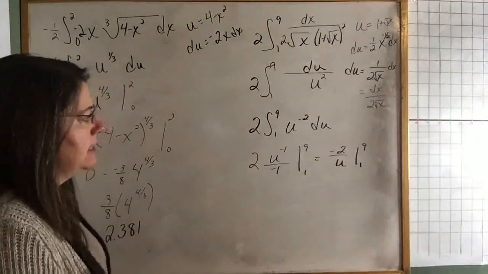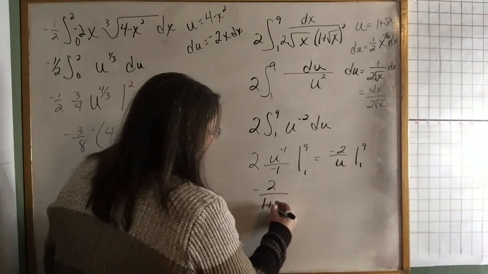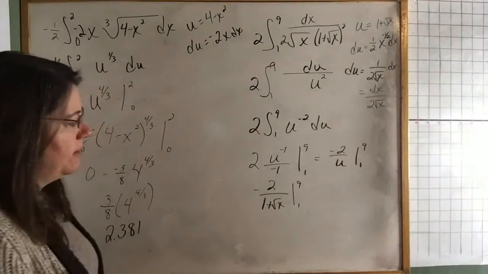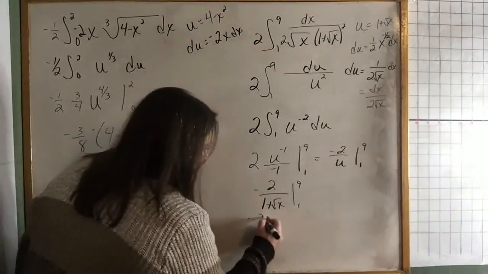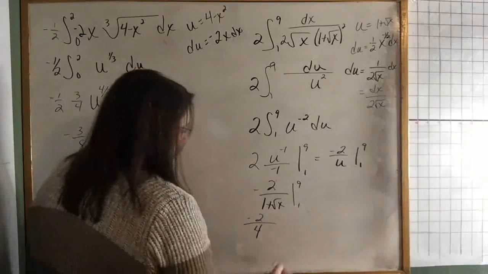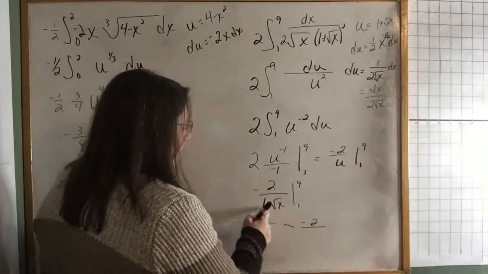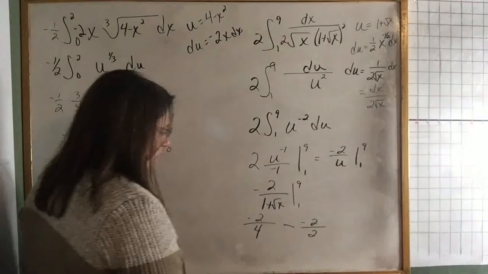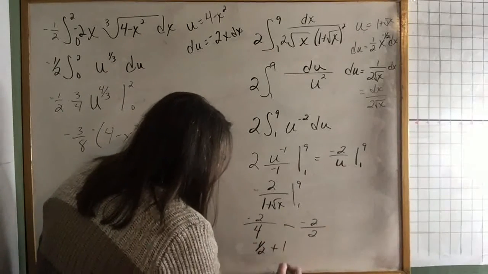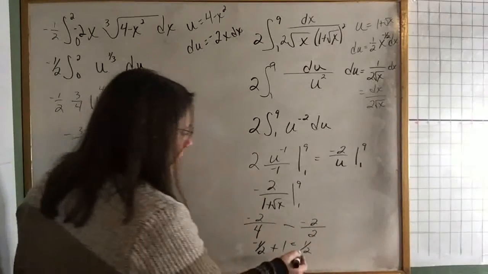Then I resubstitute. So I've got negative 2 over 1 plus square root of x from 1 to 9. If I sub in, I've got negative 2 over 1 plus 3, which is 4, minus a negative 2 over 1 plus 1, which is 2. So I have a negative 1/2 plus 1, which would be an answer of 1/2.